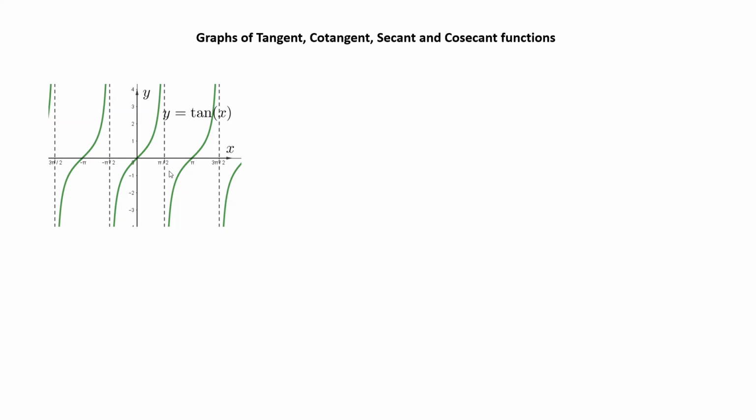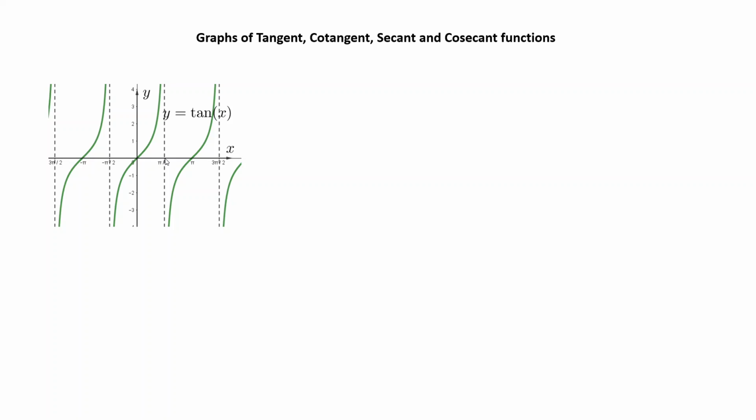A vertical asymptote is drawn at some x equals a when something happens. That something is the graph of the function approaching either positive infinity or negative infinity to the right or to the left of that x equals a.